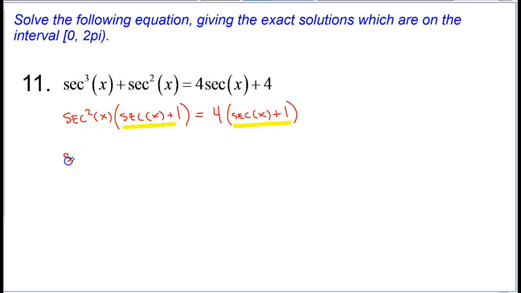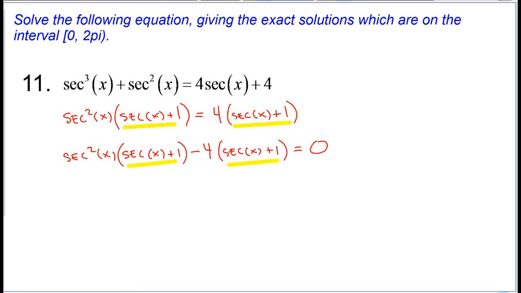So that'll give me secant squared of x times secant of x plus 1 minus 4 times secant of x plus 1, and that equals 0. So I've already factored one time in this problem, but I can factor again, and the reason why is because I still have a GCF in each of these terms.